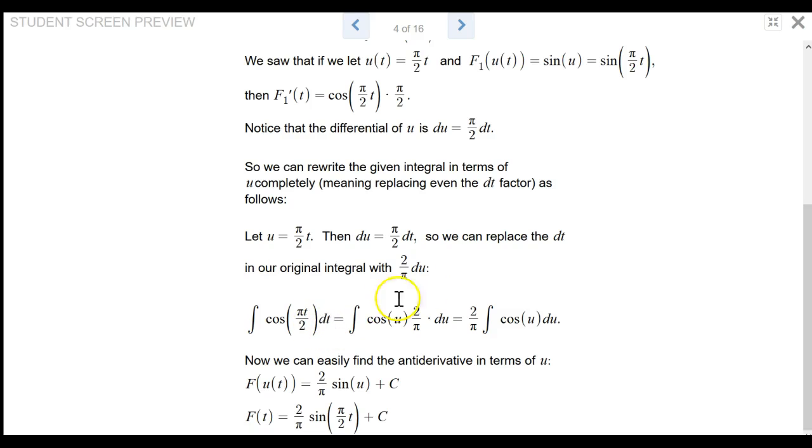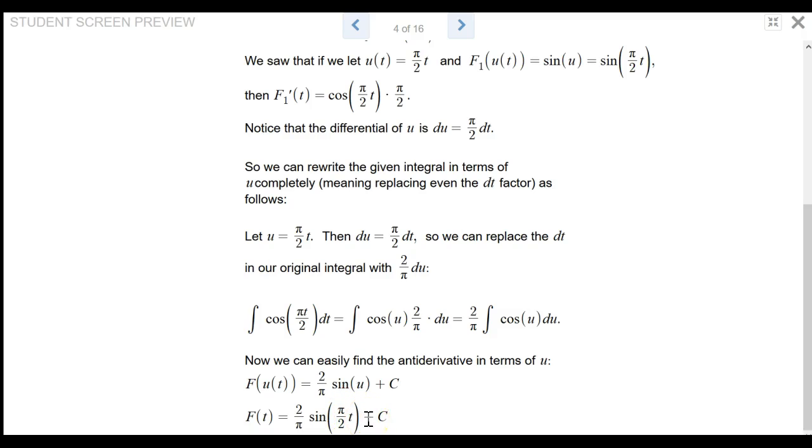If I substitute 2 over pi du everywhere I see dt, I end up with this simplified integral. And this I know how to find the antiderivative of. So this is simply 2 over pi sine of u plus c. And then if I put it back in terms of the original variable t, it's 2 over pi sine of pi over 2t.